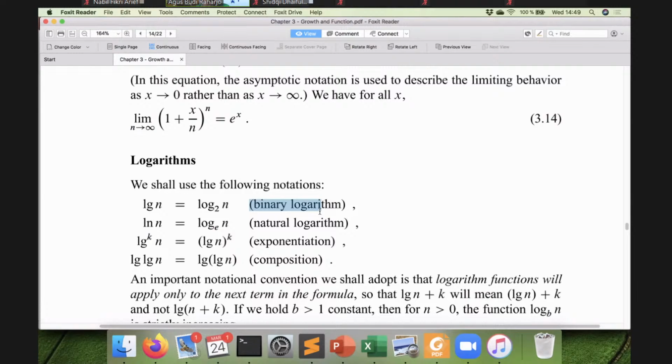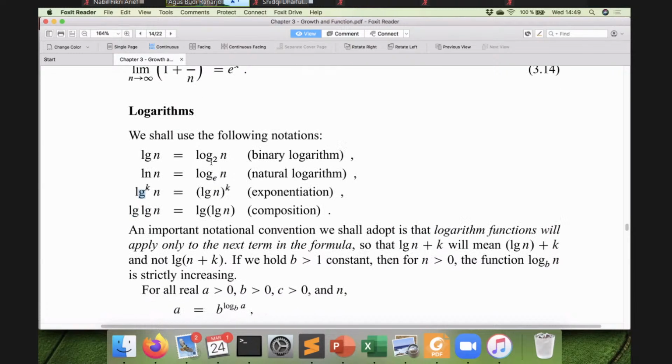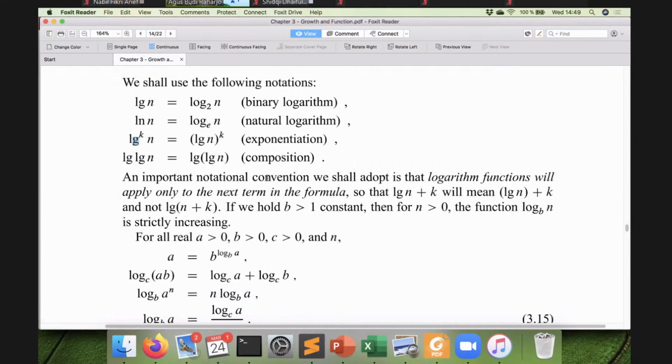Merge sort is one of the approaches. And ln n is the log of Euler number, the natural logarithm. Log k is exponentiation, and log log is composition. And after that we have log 10, etc. An important intentional convention we shall adopt is that the logarithm function will apply only to the next term in the formula.